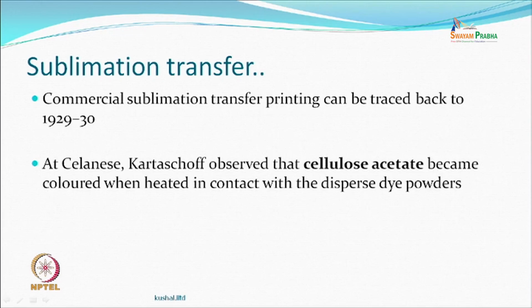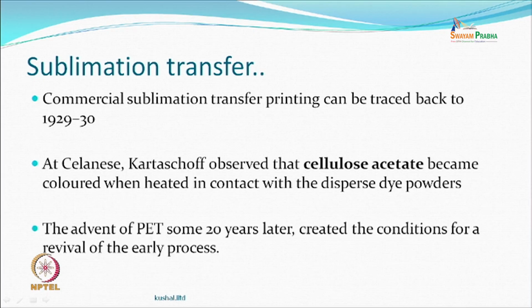Particularly when cellulose acetate came into the picture, some experiments or accidental experiments showed that yes, the diffusion can take place, then the commercialization thought came. For PET it took 20 years to come, and this process also was tried. But actual commercialization and production would be even 10 years later.